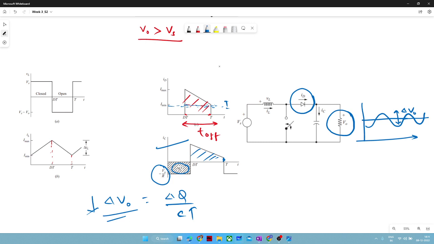Just for the sake of completeness, we will take here the average value of diode current in terms of inductor current. Can anybody let me know which factor I should multiply it by here so that it will be equated?